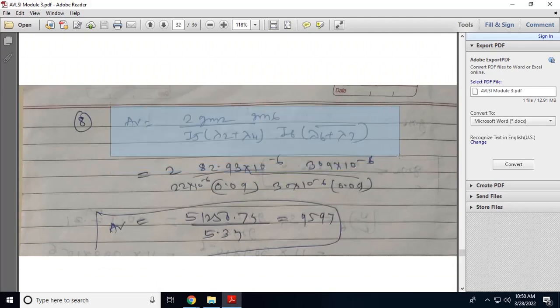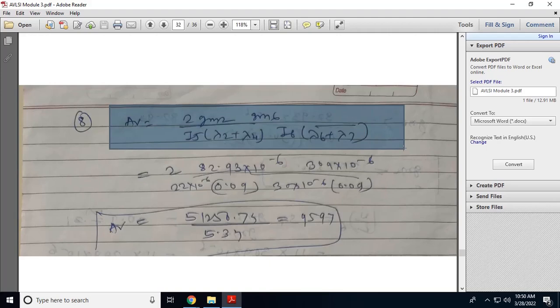So the voltage gain equation: Av is equal to 2 into Gm2 divided by I5 into lambda 2 plus lambda 4, into Gm6 divided by I6 into lambda 6 plus lambda 7.